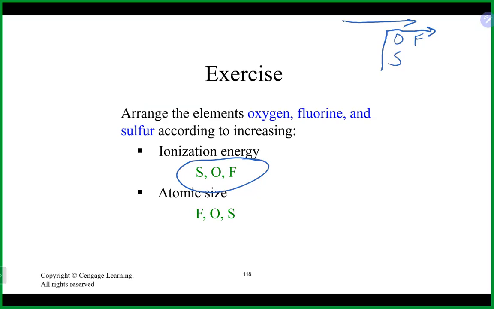And atomic size, remember, size gets smaller as we go this way. That means that as we go up and over, fluorine should be the smallest. So in increasing order, we would start with fluorine and end with sulfur in this case, which would be the largest. Any questions on any of these periodic trends here?